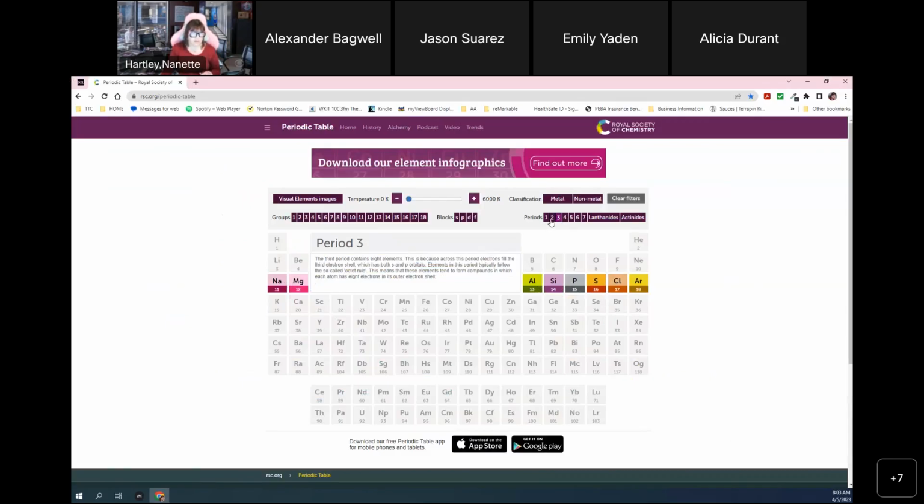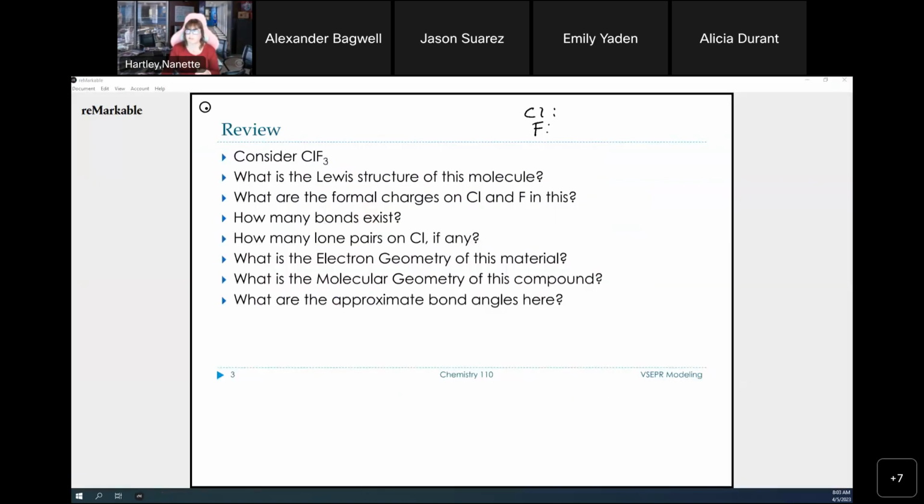When we talk about fluorine, given that he's in the same position, he also has 7 in that row. So 1, 2, 3, 4, 5, 6, 7. So both of them have 7 electrons that we're going to be dealing with. That's the number of valence electrons they have, i.e. the number in the outermost row of that material. 1 chlorine with 7 valence electrons, 3 fluorines with 7 valence electrons. So I have a total of 28 electrons that will need to be distributed in this particular structure.